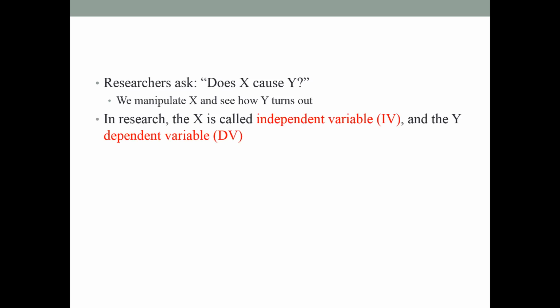Now, if you are doing research, we always ask, does X cause Y? So we manipulate X and see how Y turns out. In research, this X is called the independent variable, or IV, and the Y is the dependent variable, DV.